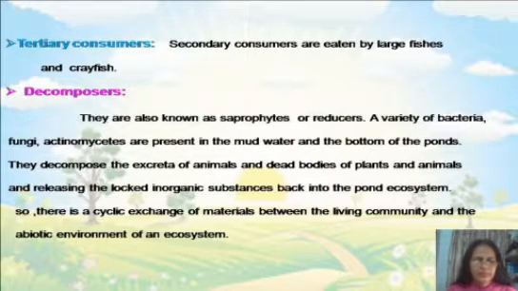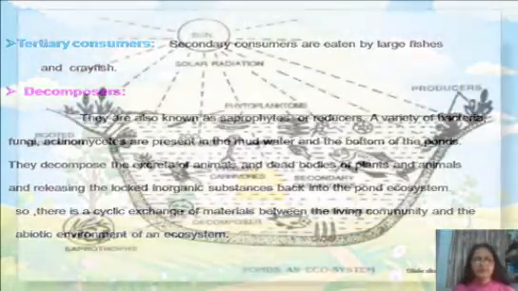They decompose the excreta of animals and dead bodies of plants and animals, releasing the locked organic substances back into the pond ecosystem. So, there is a cyclic exchange of material between the living community and the abiotic environment of the ecosystem.